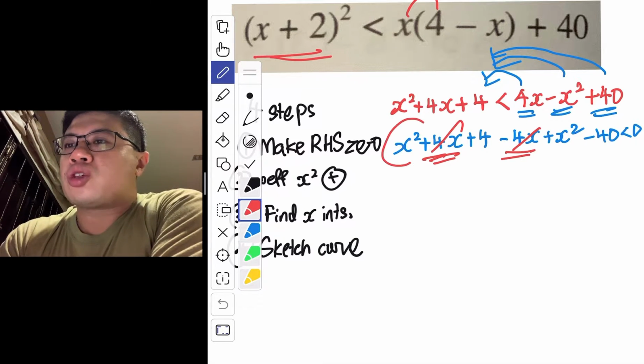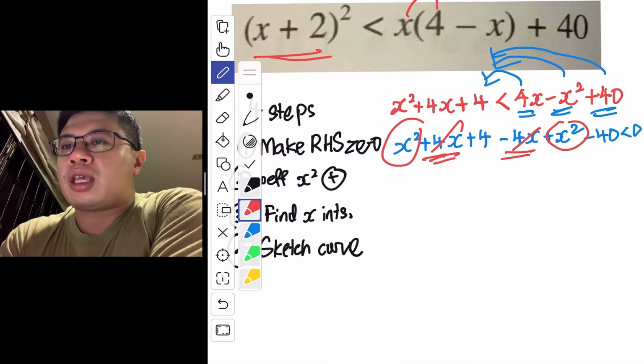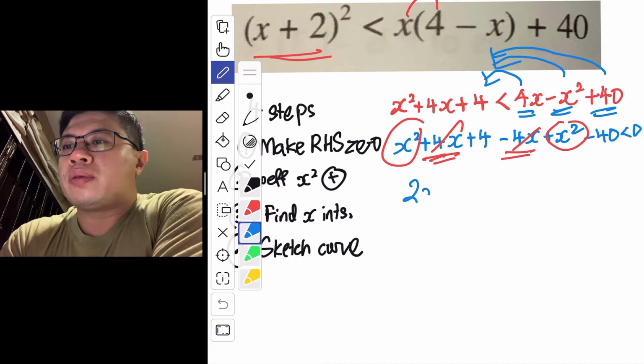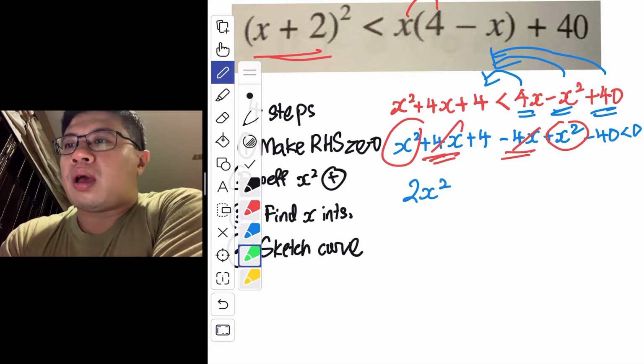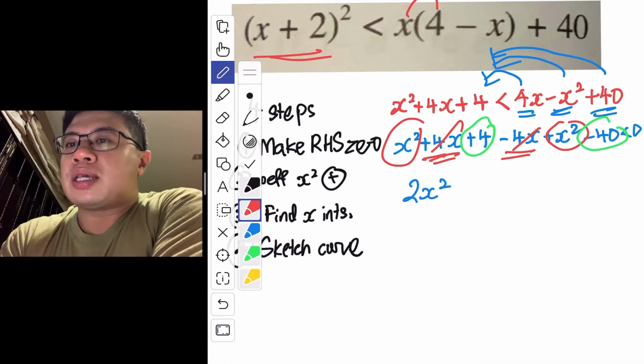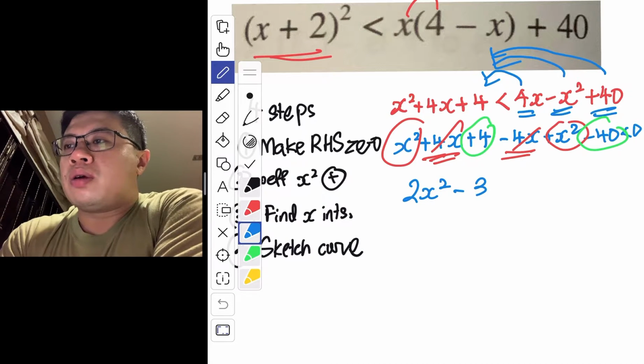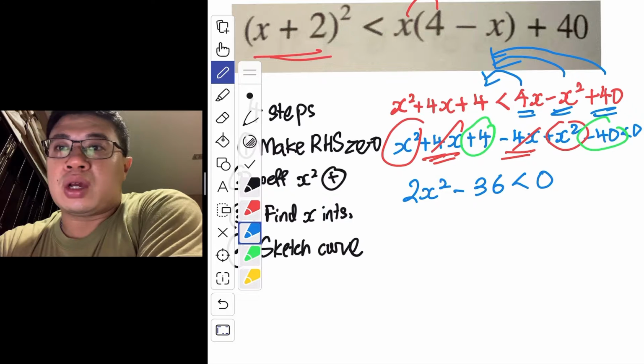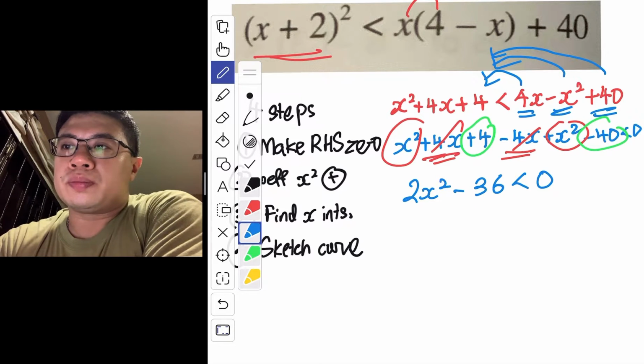I have x squared plus x squared, that gives me an overall of 2x squared. I have a plus 4 and minus 40, that will give me an overall of minus 36, less than 0. Now I have not done anything to offend the inequality sign, so it doesn't change.